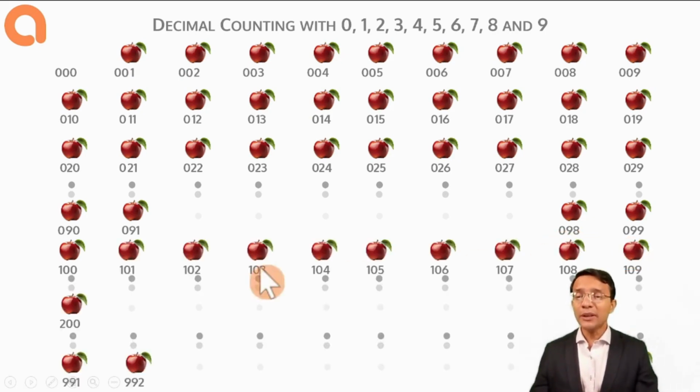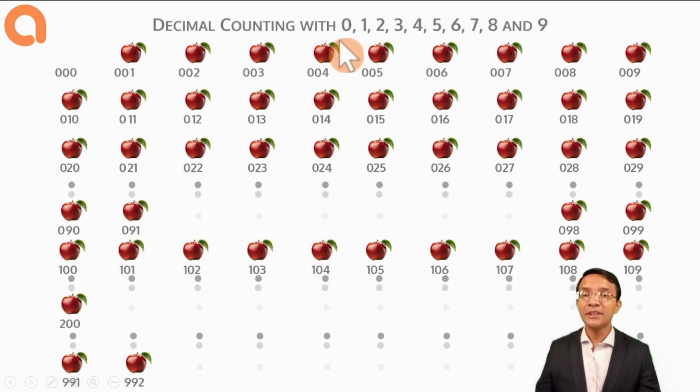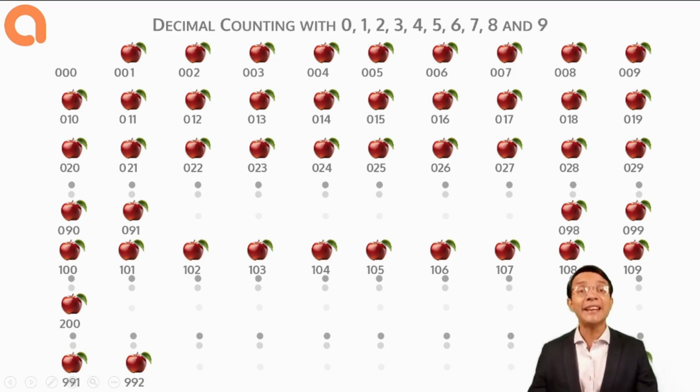In this way, with 3 digits and these 10 numerals, we can represent up to 101, 102 and up to 109, 200 up to 998 and 999 apples.